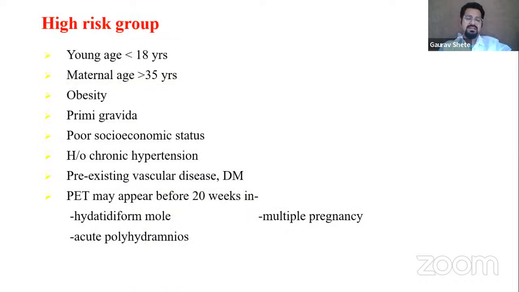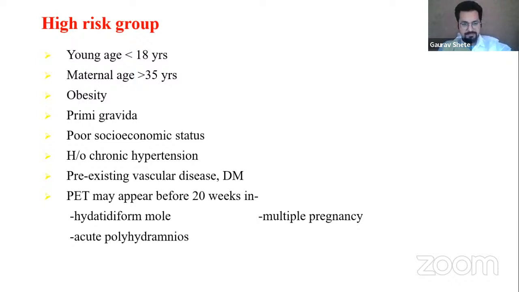Now, who are the high risk groups? Like we said, the Indian population, ethnically, we are more predisposed. Younger age and older age: any girl who is getting pregnant before the age of 18, or ladies who are getting pregnant after the age of 35, they are high risk groups and more predisposed to developing preeclampsia. Then there is obesity.